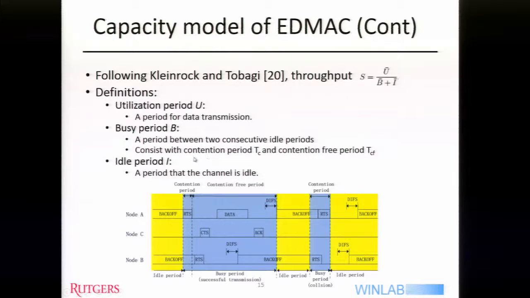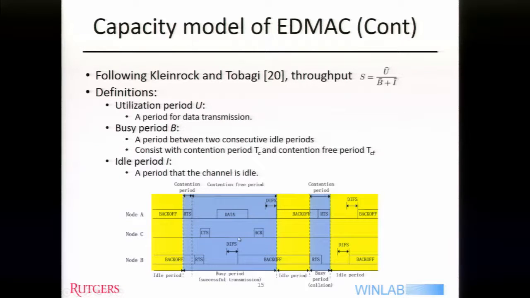And we got some ideas from the old work by Kleinrock and Tobagi. They found that the throughput, or the capacity of the network, is defined by the utilization period of the network divided by the sum of the busy period plus the idle period.